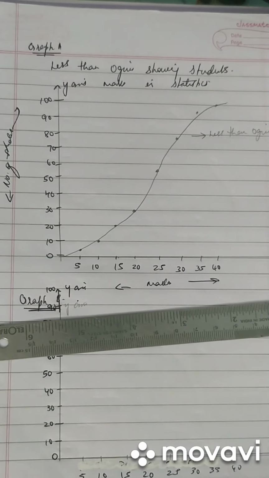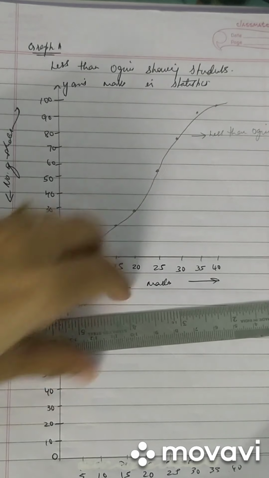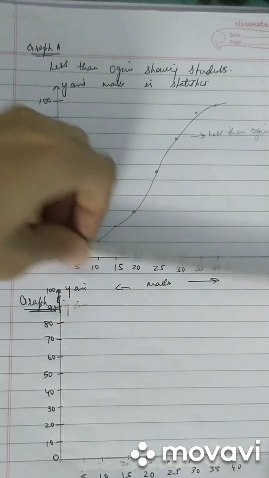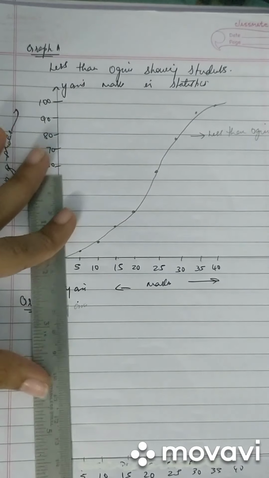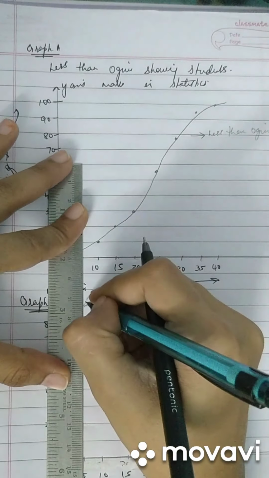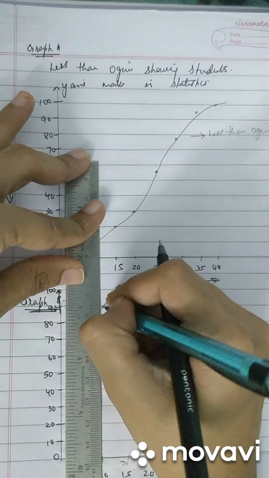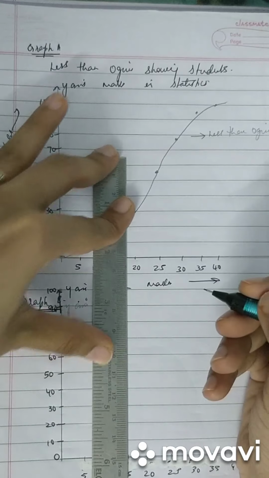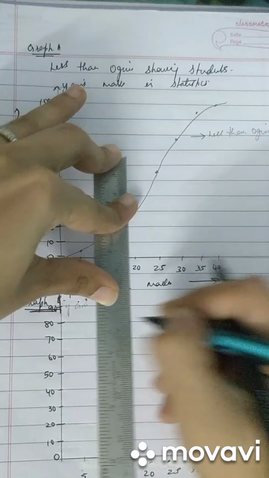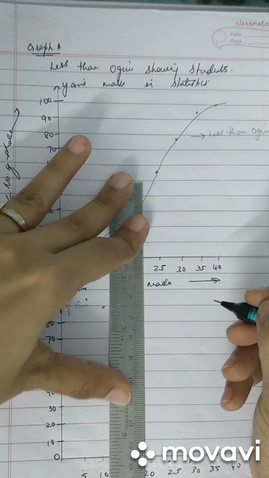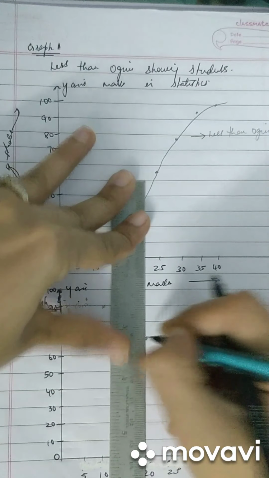So first we have more than 0. So for 0 it is 100. For 5 it is 96. For 10 it is 90. For 15 it is 80. For 20 it is 70.